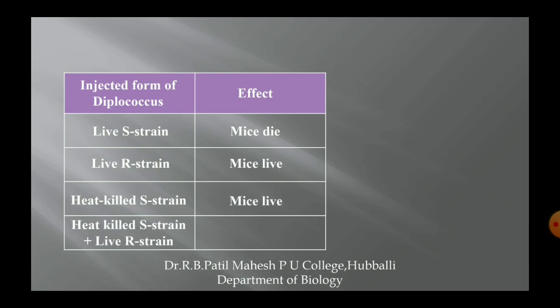When he injected a mixture of heat-killed S strain and live R strain, the mice died because of pneumonia. This is because of transformation. R cells are transformed into live S cells because of heat-killed S cells.